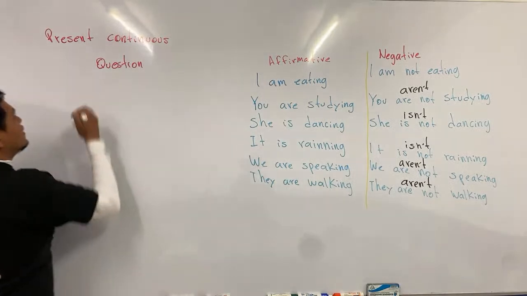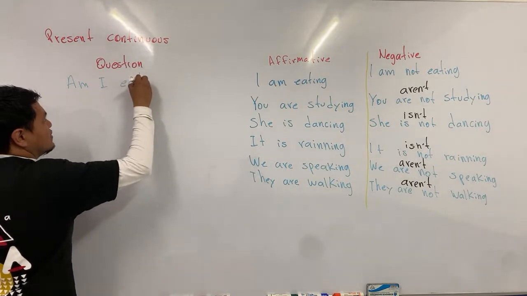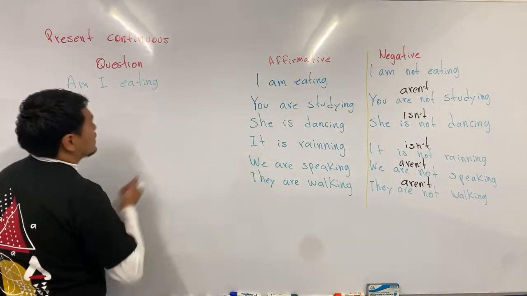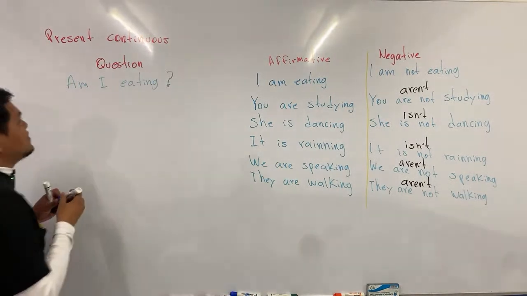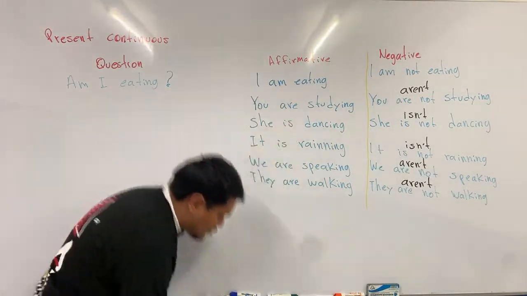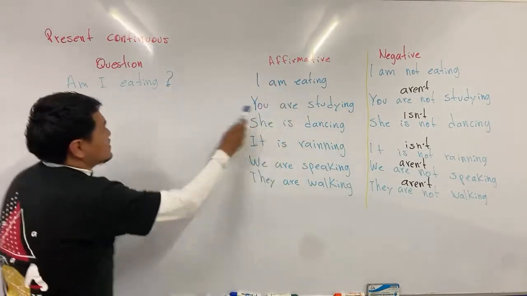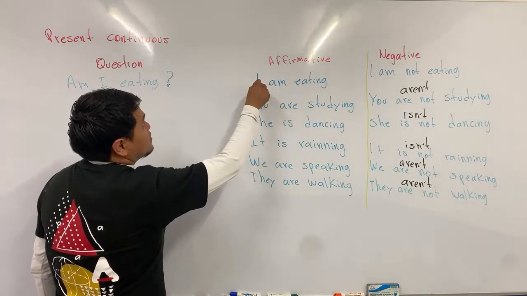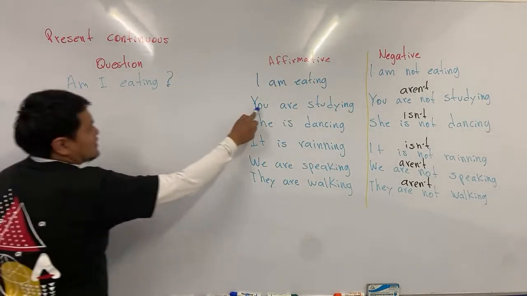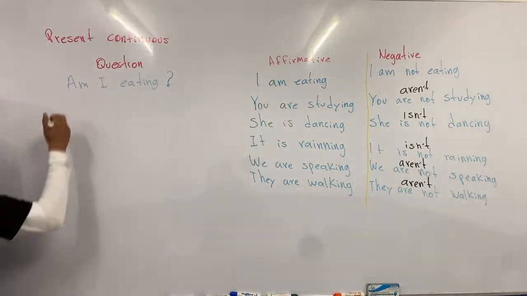It's like, I eating, question mark. I mean, para la pregunta lo que vas a hacer solamente es switchear el orden de las palabras. Switch the order of the words, right? In this case, we start with the verb to be. You are studying, affirmative.